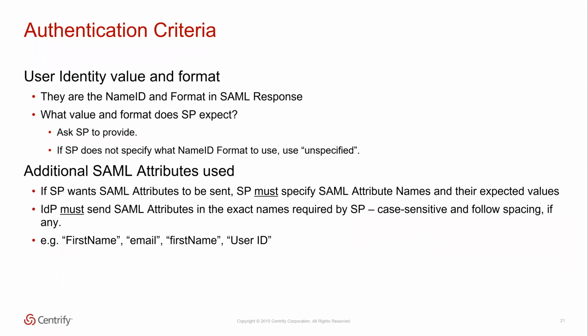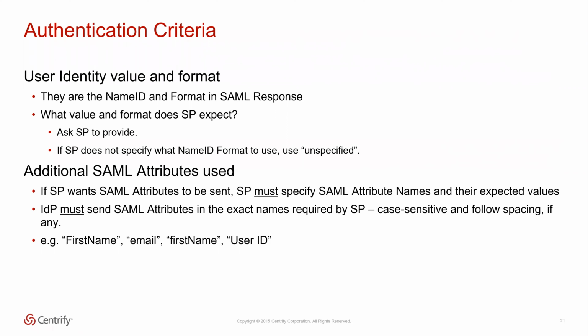Okay, during configuration, we also talk about what identity value to send, and any attributes. That is, once again, something to ask the service provider to provide. If they are not sure by any chance, then that really might be on their end, they're actually flexible, right? So any username goes, then what we need to figure out with them as part of the integration and configuration is this mapping.